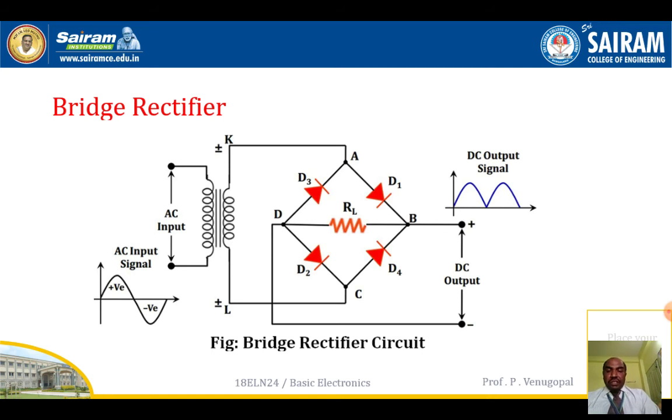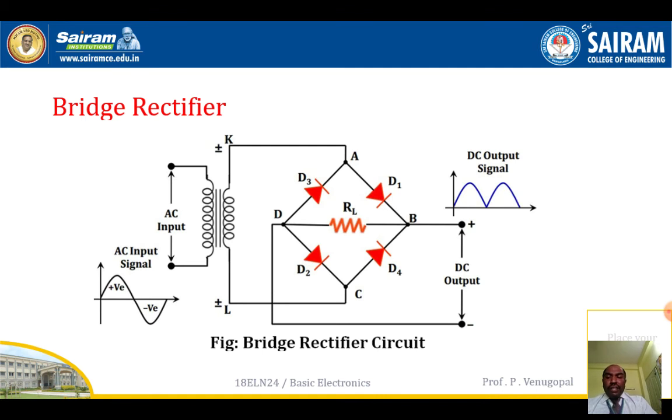See, in this rectifier circuit, the input AC signal is applied to terminal A and terminal C through the transformer. Output is obtained at terminal B and D.